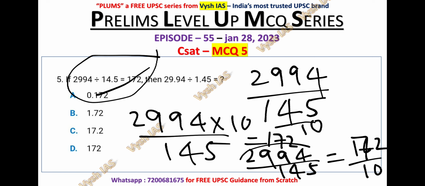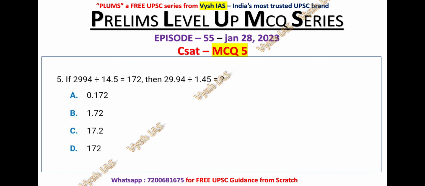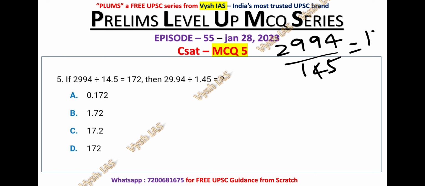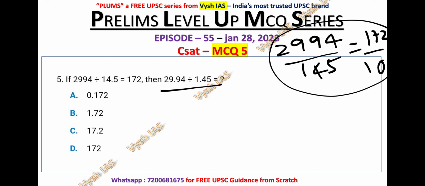Okay, you have to remember this. 2994 by 145 value is nothing but 172 by 10. Just remember this data. Now we have to solve this one.